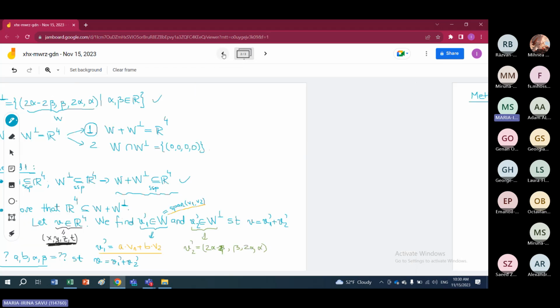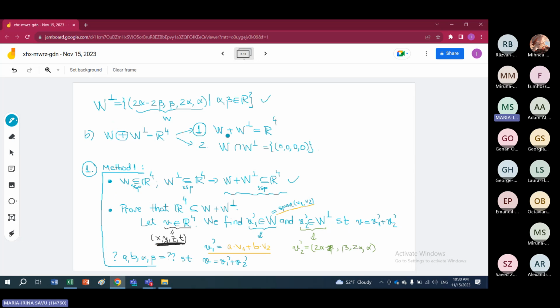This method number 2 is based on the fact that you already know a possible basis of W, and you would find very easily a basis of W perpendicular.